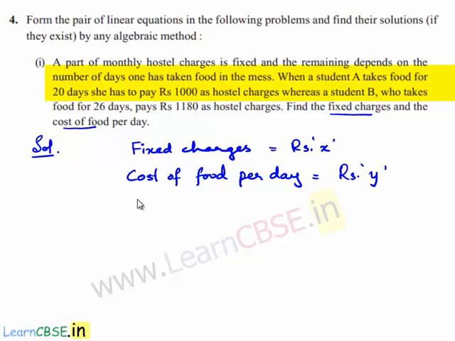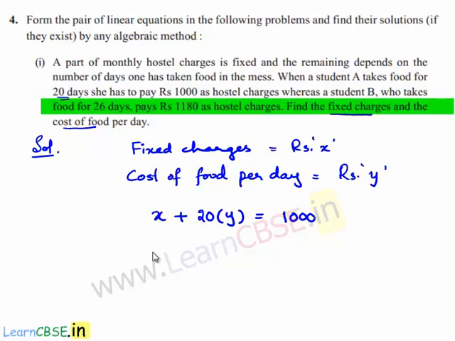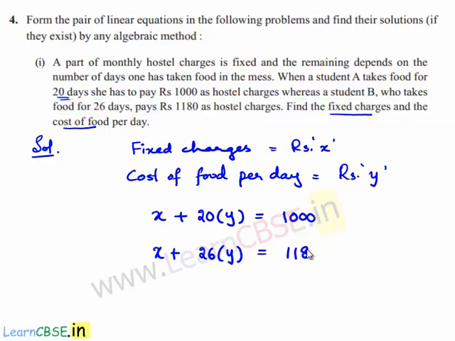So we can form the linear equations, that is fixed charge, that is X, plus for 20 days the cost would be 20 times Y is equal to 1000 rupees. And from the second condition we can write fixed charge plus cost of the food for 26 days, 26 multiplied by Y, is equal to 1180.